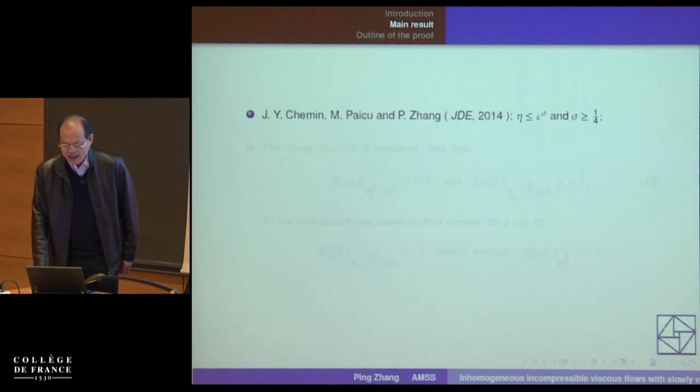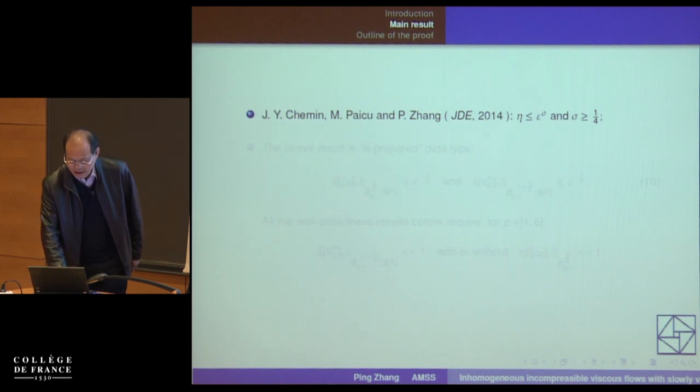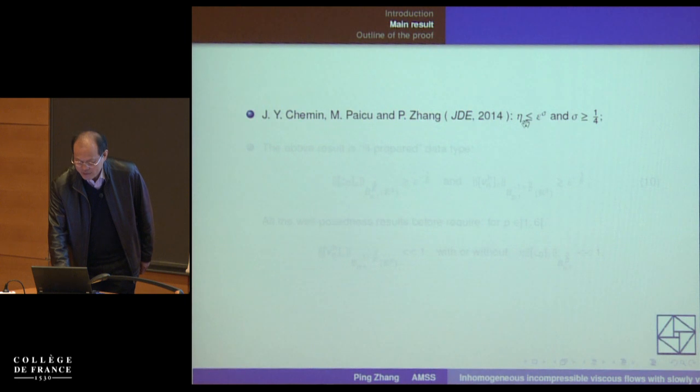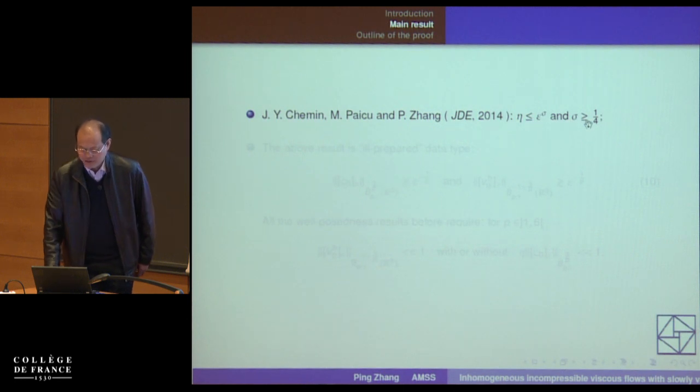So in fact, using the idea to propagate this isentropic norm for the transport equation and propagate this anisotropic norm for the velocity field, we can prove that if eta is less than or equal to epsilon to the power of sigma, with sigma greater than or equal to 1/4, we can prove the global well-posedness of this problem.